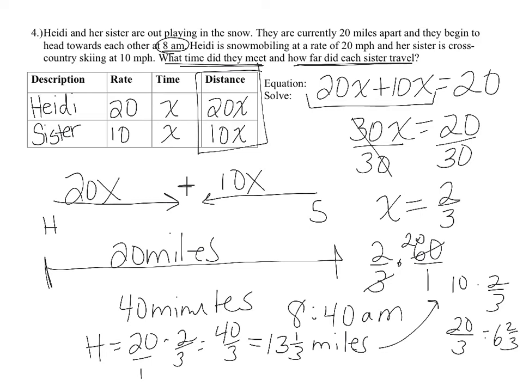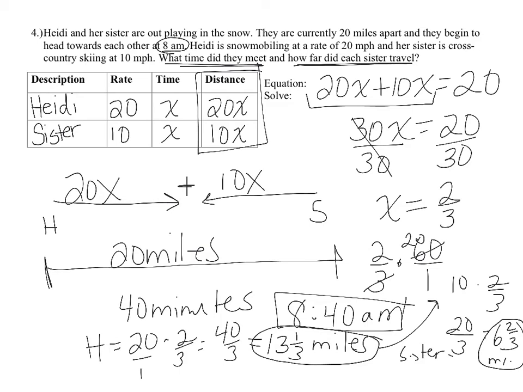So the answer to the question is 3 things. They met at 8:40 a.m. Heidi traveled 13 1/3 miles, and her sister traveled 6 2/3 miles.